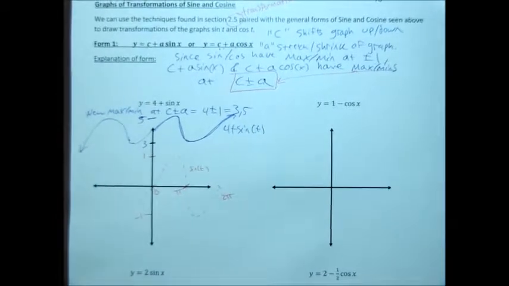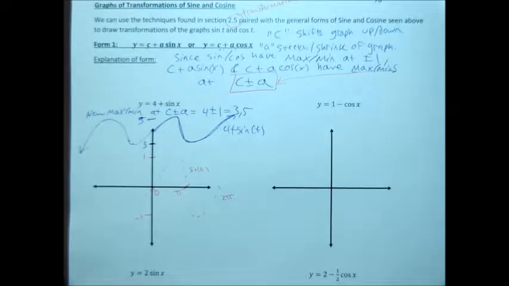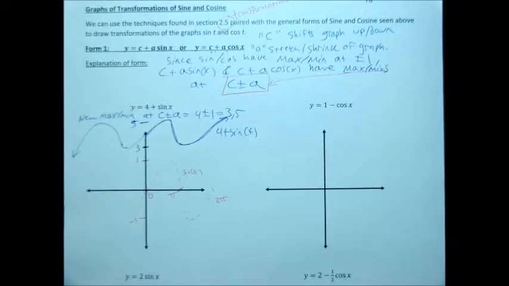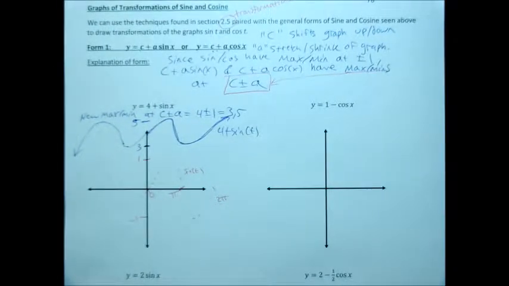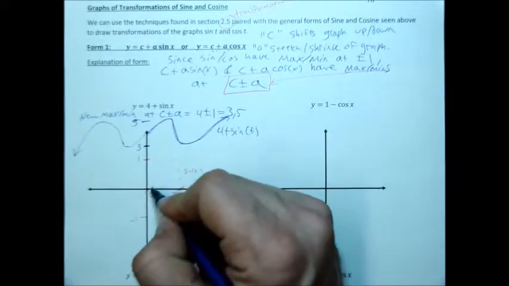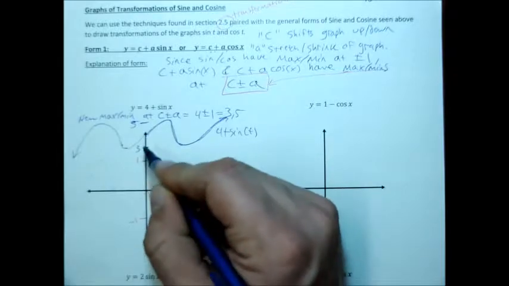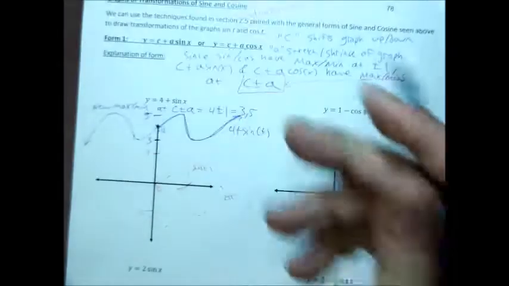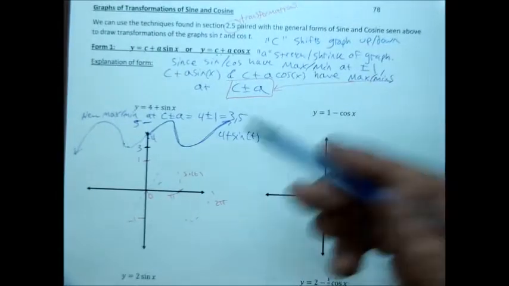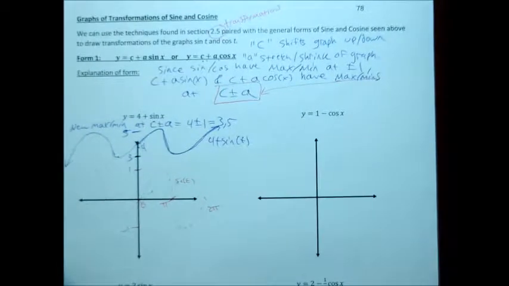And just like the other sketches we do, I'm not looking for a beautiful graph. I'm not going to be able to draw a beautiful graph, and that's not the point. The point is that we know the shift, right? We have the correct shape, we have the correct shift, and we have the correct intercepts. And remember, since this old intercept was at 0, if we moved it up 4, this new intercept's now at 4. And you can just see there's not going to be any x-intercept.